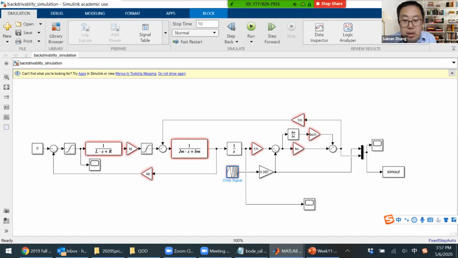Let me check. But the point is that this doesn't really matter because it's a linear system. So this will not affect your result.